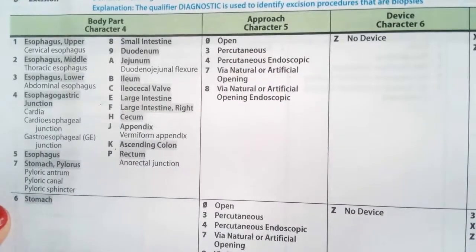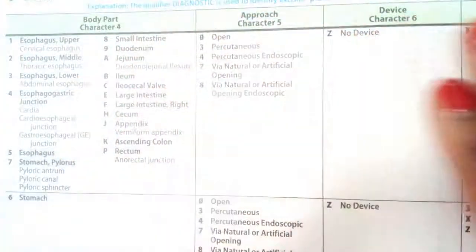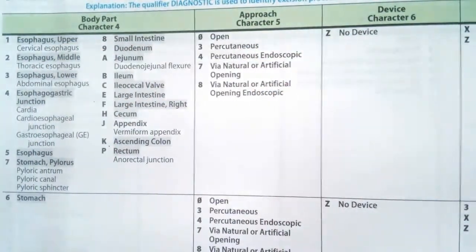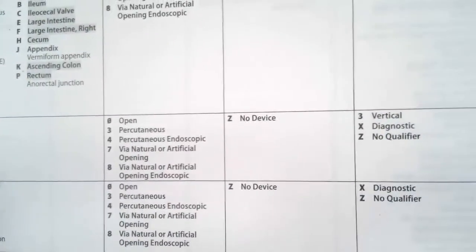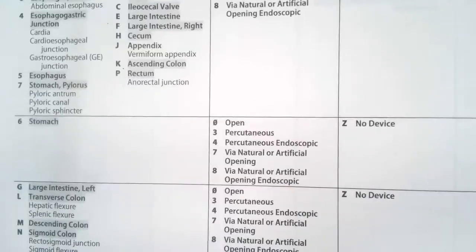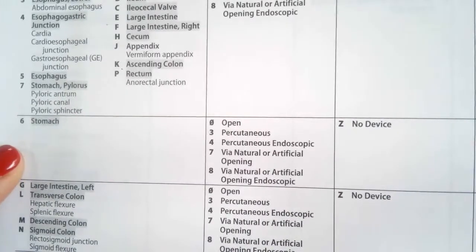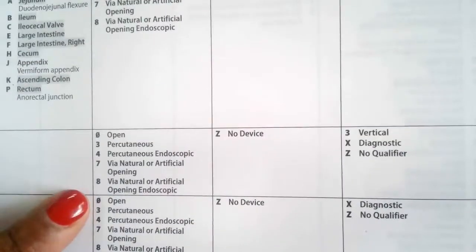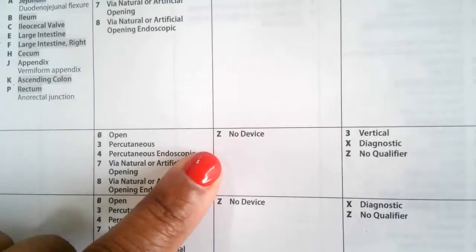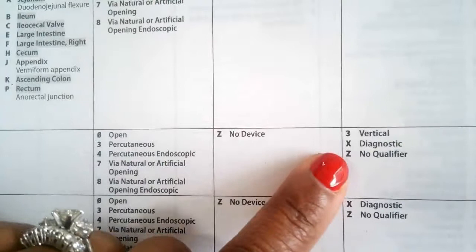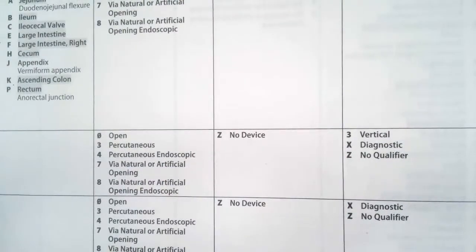My patient was on the actual stomach. So I'm not going to build my code from this row. I'm going to go over to this row and build my code. So 6 for stomach via natural or artificial opening, endoscopic, no device, and we know that this was diagnostic. It was a biopsy.